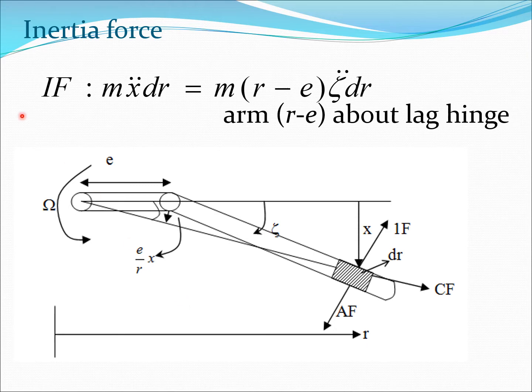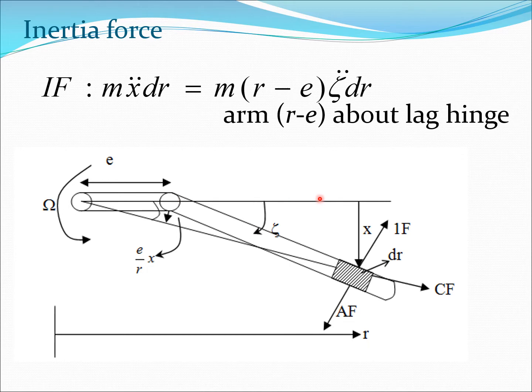So let's start with the inertia force. Here this is going to be m x double dot dr, because this is the direction of x, so the reverse direction is m x double dot dr, the inertia force. And now you can clearly see that x is going to be (r minus e) times zeta.